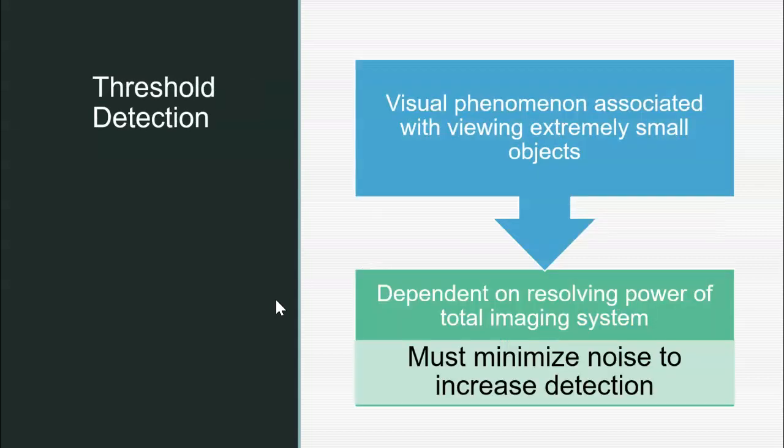All right. So threshold detection is a visual phenomenon associated with viewing extremely small objects, okay? It's dependent on the resolving power of the total imaging system and must minimize noise to increase detection. So if there's a lot of noise, we're going to miss really small objects.